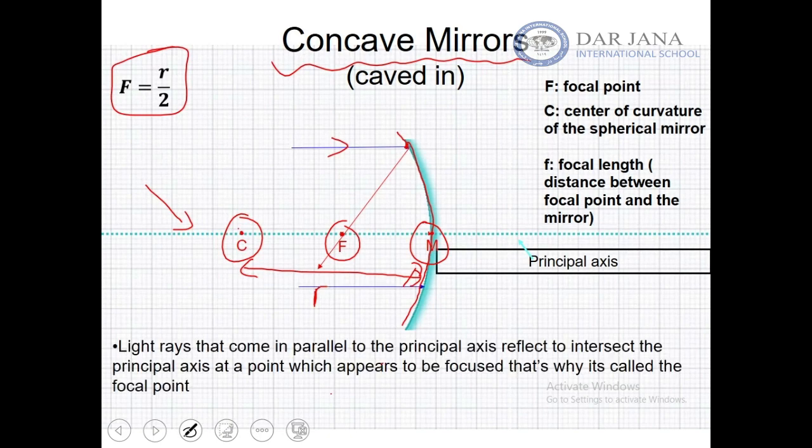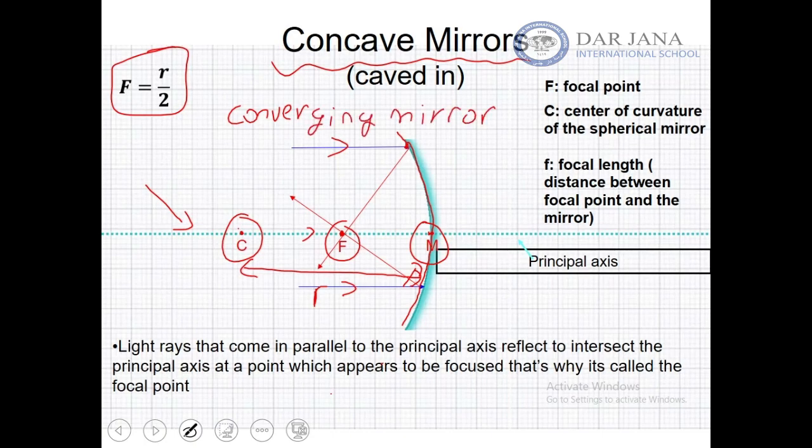Now, let's take another light ray that's also coming parallel to the principal axis. Since the light ray is parallel to the principal axis and hits the mirror, its reflection will also be focused and will pass through F. So, as a note, any light ray that comes parallel to the principal axis and hits the mirror will have its reflection pass through point F. That's why we call this mirror by another name, a converging mirror.